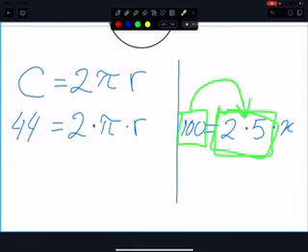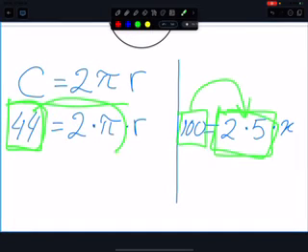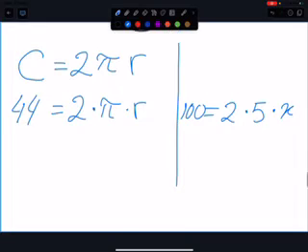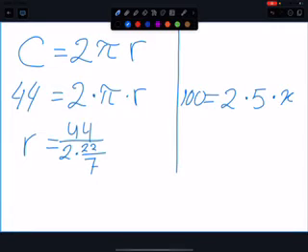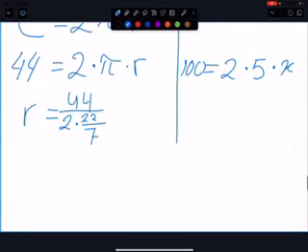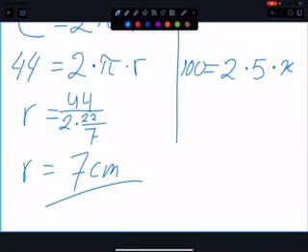So what do you have to do over here? Divide the 44 by these two over here. So the radius is what? 44 divided by 2 multiplied by 22 over 7. If you do that correctly, your answer is 7.